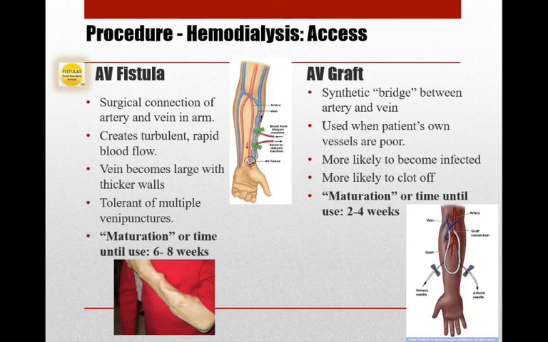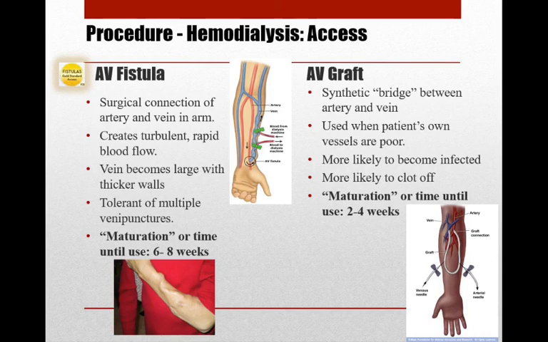So AV fistula and AV graft are the best kinds of access. The fistula is the gold standard, the one that everybody wants. The graft is acceptable, but will probably clot off or become infected and need to be replaced sooner. Those are the 2 kinds of preferred access for doing hemodialysis.